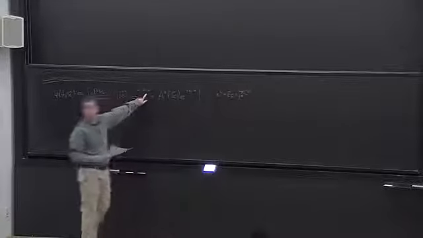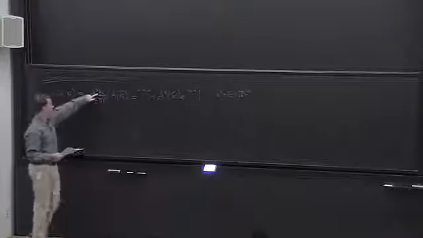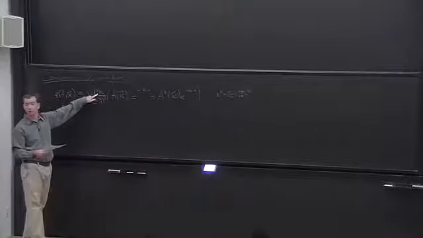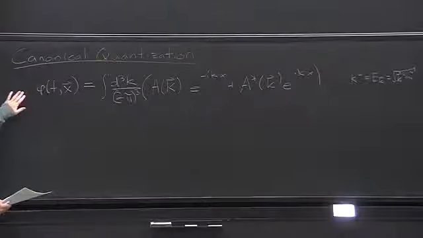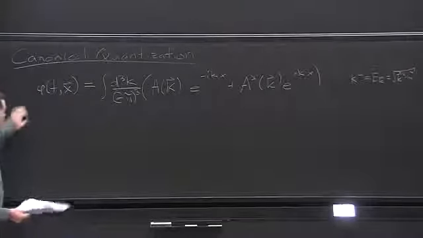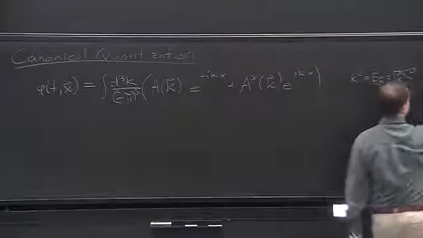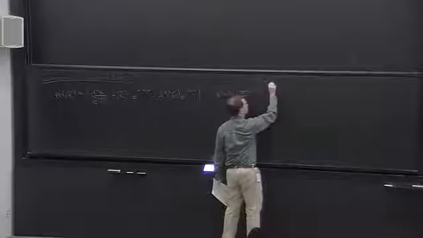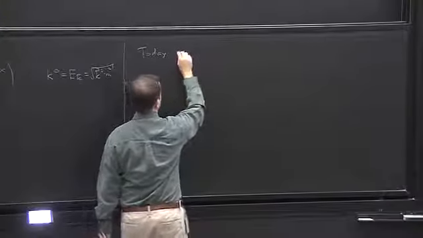So these are four-vectors in the exponents, even though we're only integrating over three components. That's where we left off. That's what we're going to do today. So first, we'll choose a better normalization.